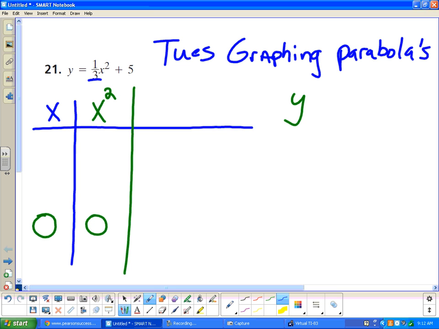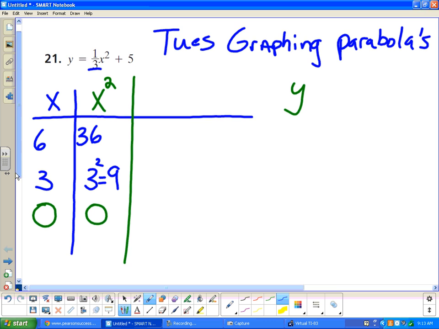So if I have 1/3 there and I use a 1, it's not going to work nicely. So let's use a 3. And 3 squared is 9. Another multiple of 3 would be 6. And 6 squared is 36.